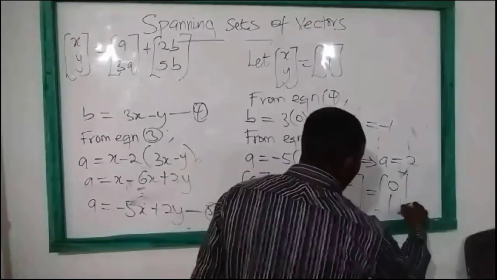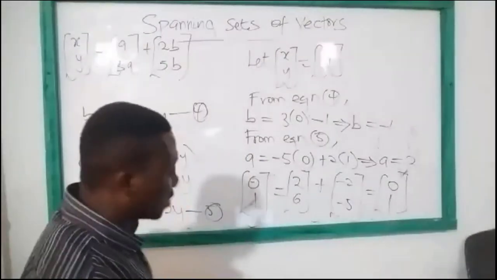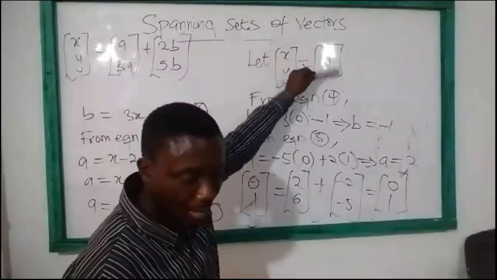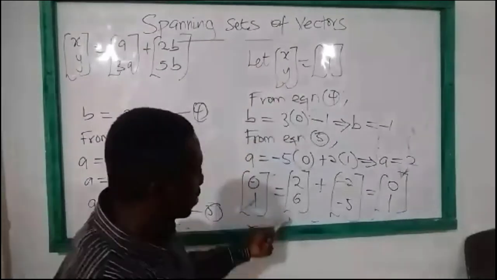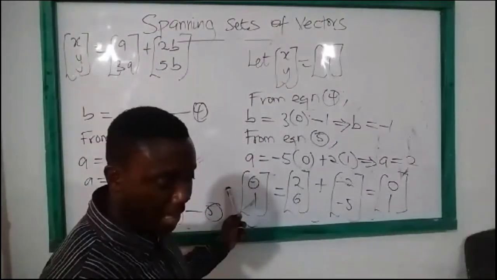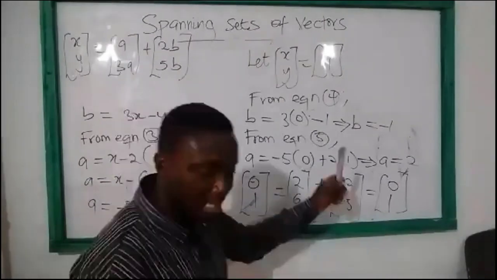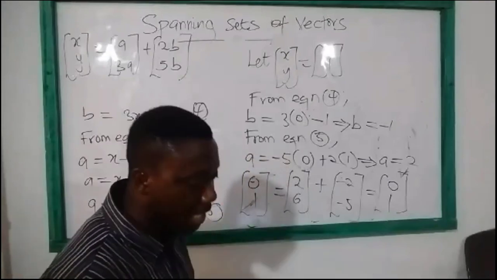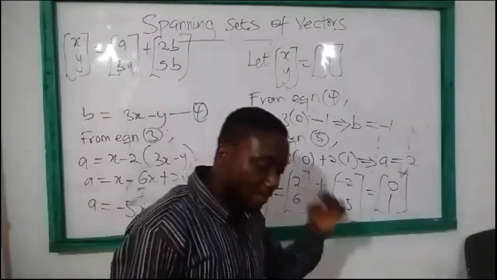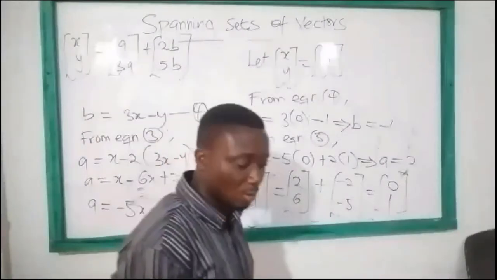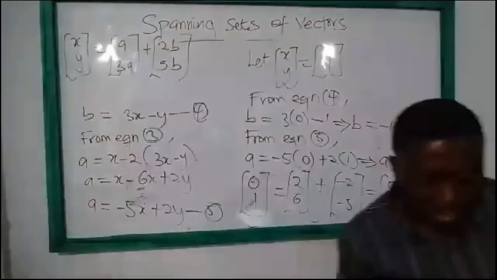So it is true that when we chose XY to be 0, 1, the set of vectors that was given has spanned the vector XY, which is in R2. So it is clear that if you pick any vector in R2, then it will span with the set of vectors that is given.